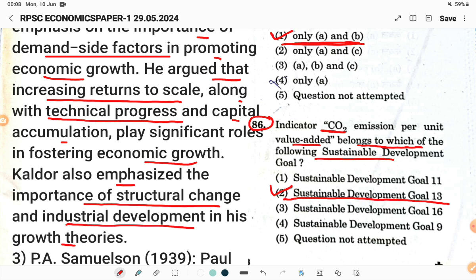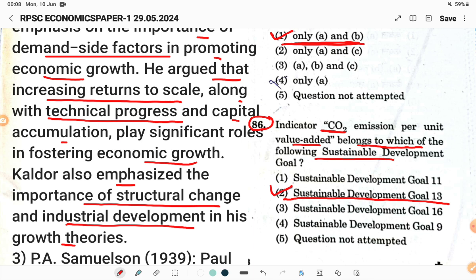It includes targets related to reducing greenhouse gas emissions, increasing climate resilience and adaptation, promoting sustainable practices, and raising awareness about climate changes. This indicator CO2 emission per unit value added fits within the scope of SDG 13, because it relates to measuring and reducing carbon emissions.